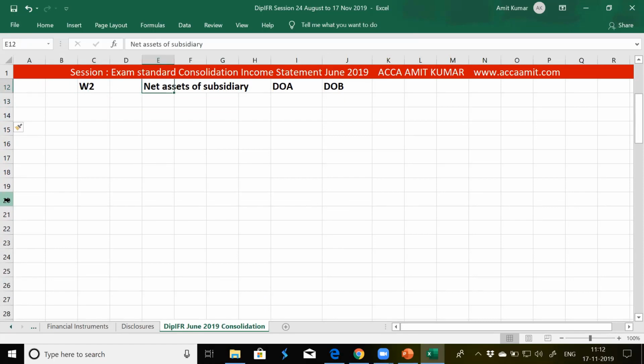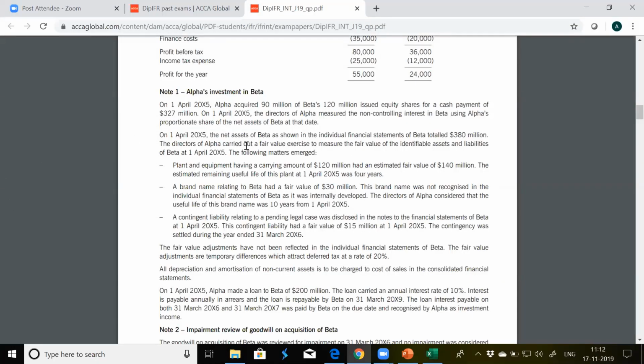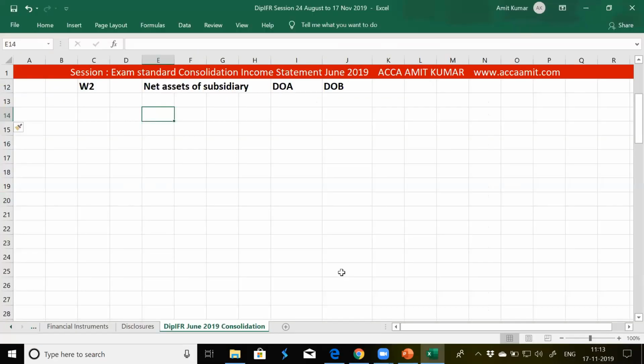How much is the net assets of the subsidiary on date of acquisition? Date of acquisition was 1st April 2005. Beta's net assets totaled 380 million on that date. Opening balance is 380 million, that is 380,000.